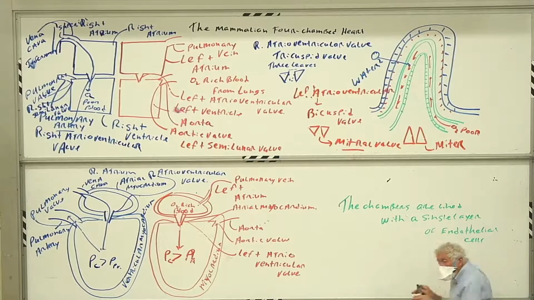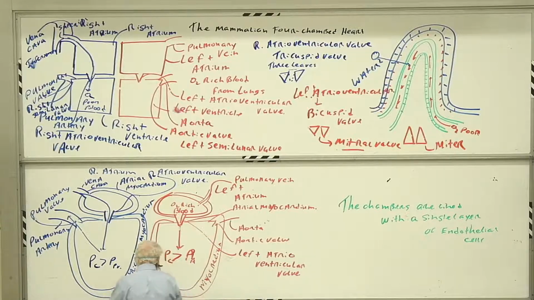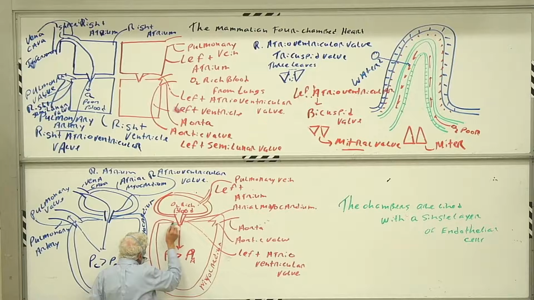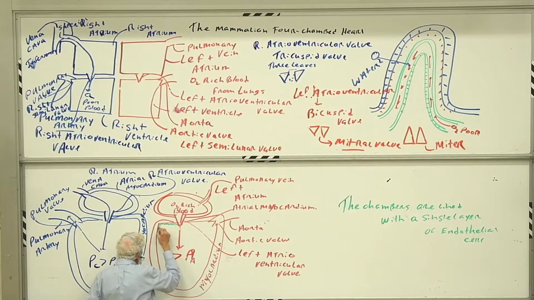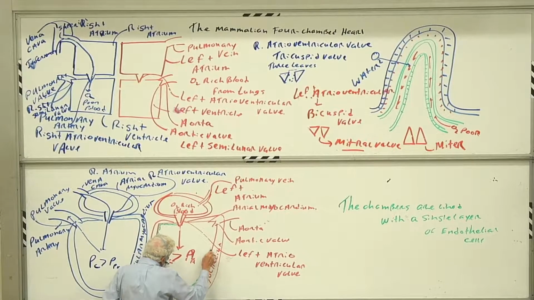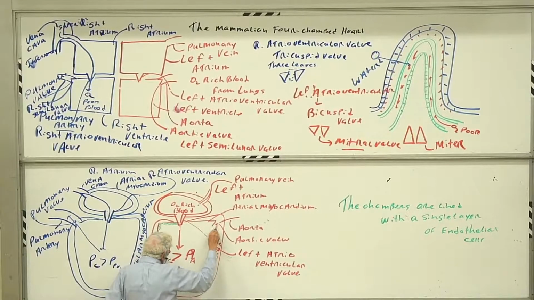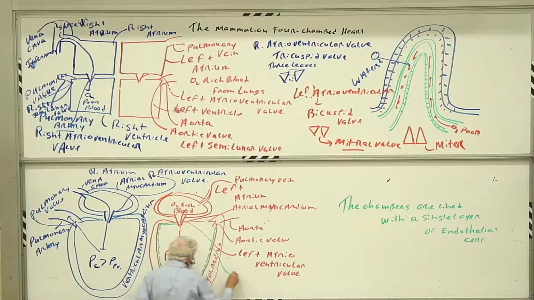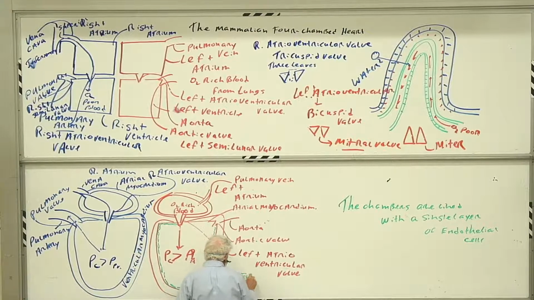The endothelial cells are confined to the cardiovascular system, and we're going to run into them over and over again. But for today's discussion, we can say that these chambers are lined, sort of like wallpaper. And that wallpaper is composed of these individual cells lined up one next to the other. This is an endothelium.